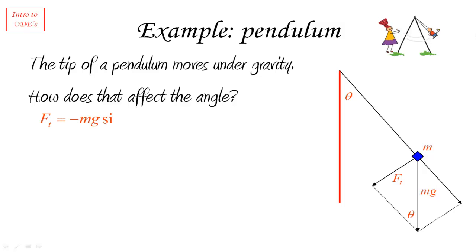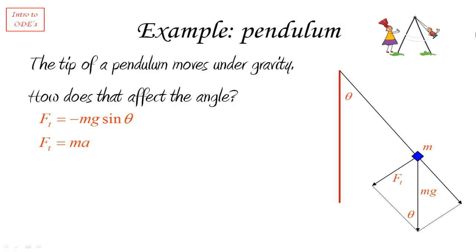First of all, we can tell that the force, and here I'm being a bit sloppy since we're doing linear algebra, I should say the magnitude of that force, is going to be mg, which is the magnitude of the acceleration of gravity, times the sine of theta, because of course Ft is on the opposite side.